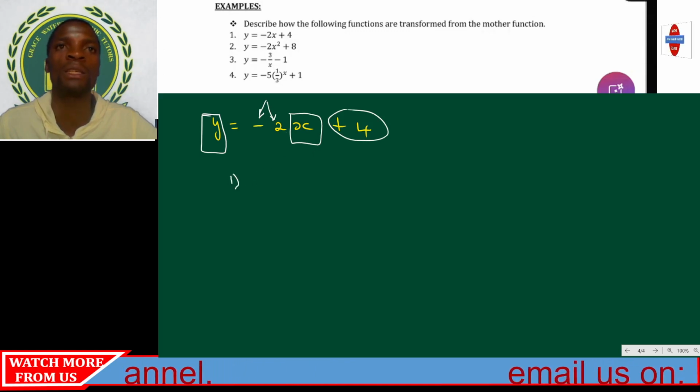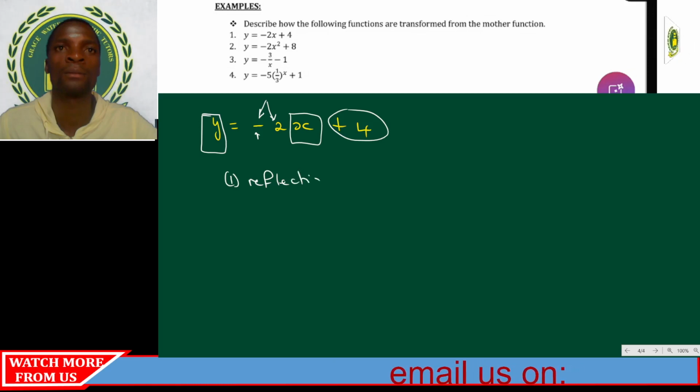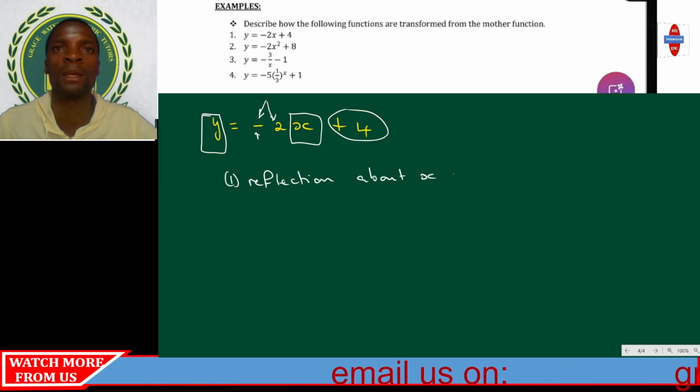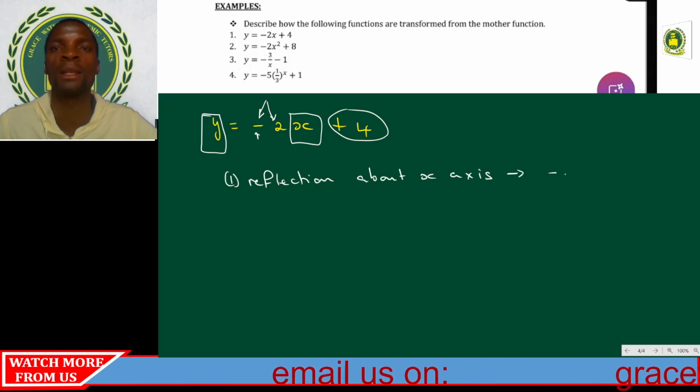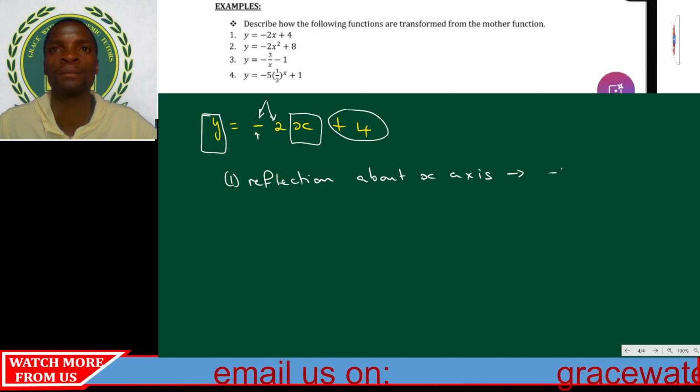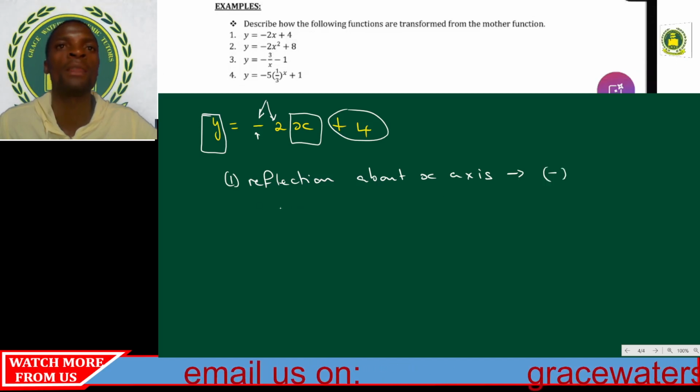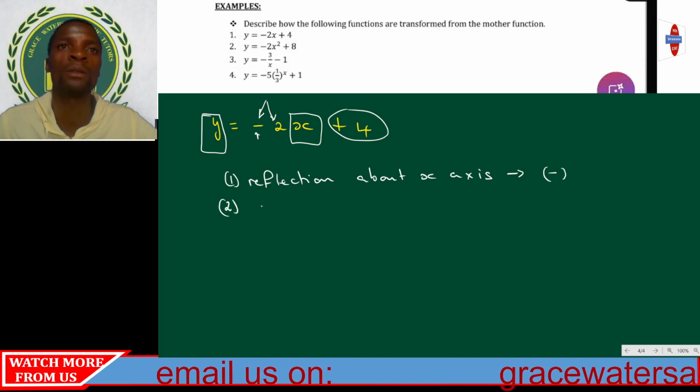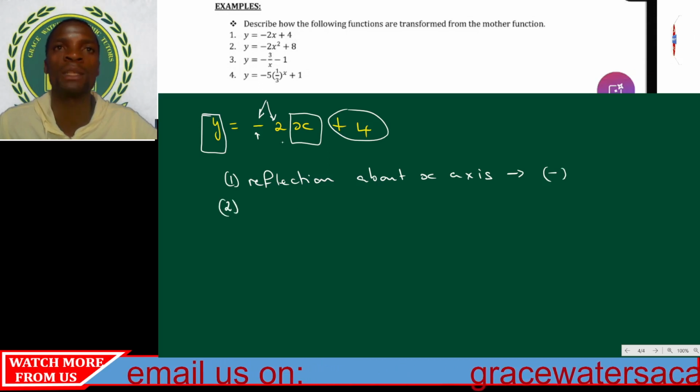The first thing is we see that the coefficient is negative here, so we say there is reflection about the x-axis, and it is indicated by the negative sign. Then we move on to the 2.